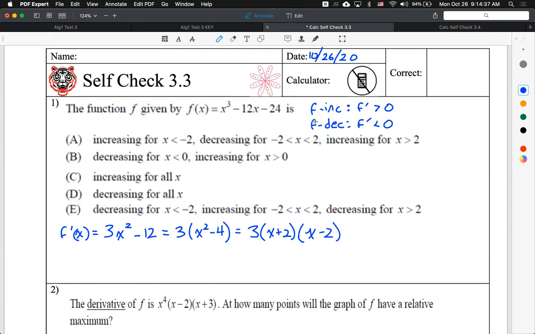It helps us to find our CVs, which means I'm going to do what, Fiona? Plot on the x-axis. Yeah, plot what on the x-axis, though? The CVs, and how do I find the CVs? Make it equal 0, yeah. So 0 is now equal to 3 times the quantity of x plus 2 times the quantity of x minus 2. And let's go ahead and make Fiona's x-axis come over here.